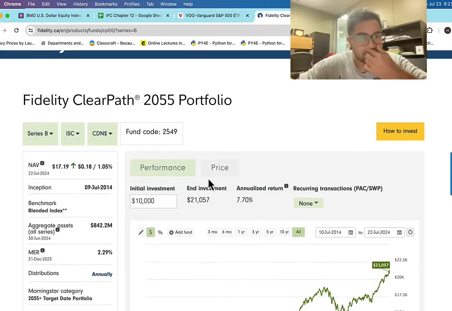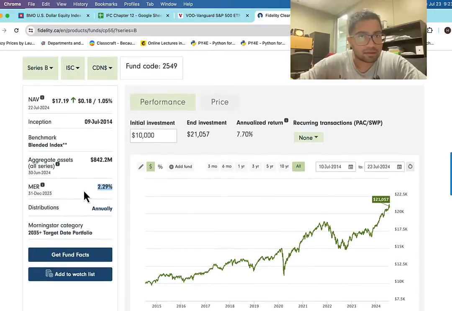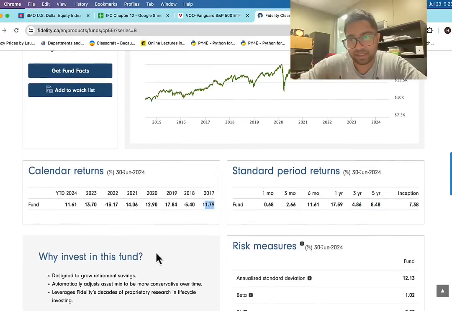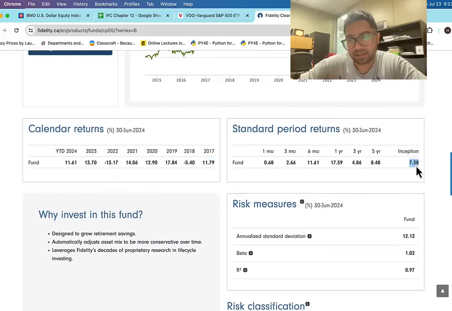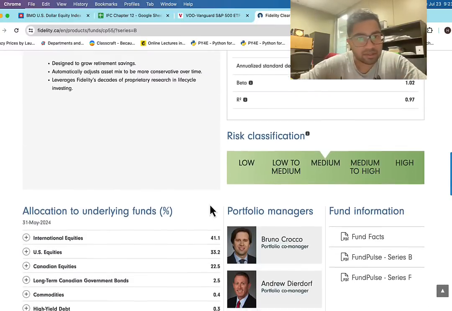Okay, so if you see, the MER is 2.29%. The fund started in 2017, so the return is 11.7, year to date 11.6, and since-inception return is 7.38%. Right, medium risk.